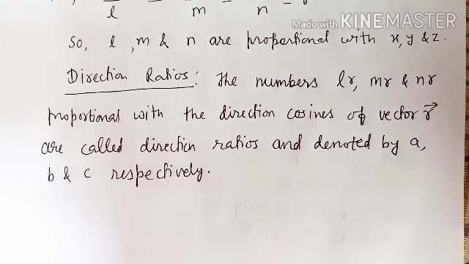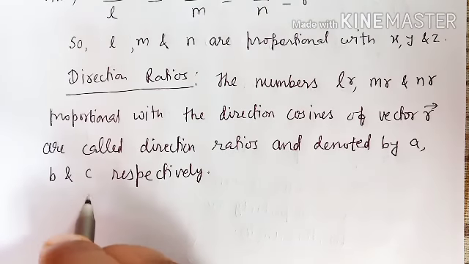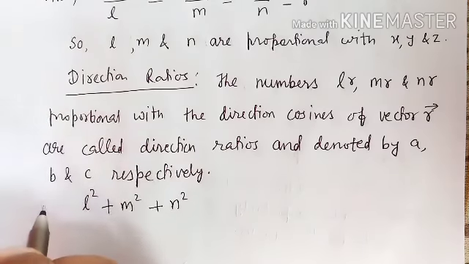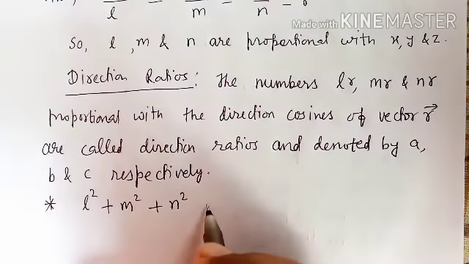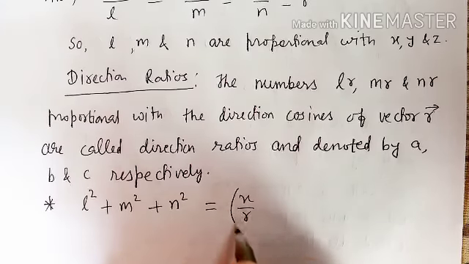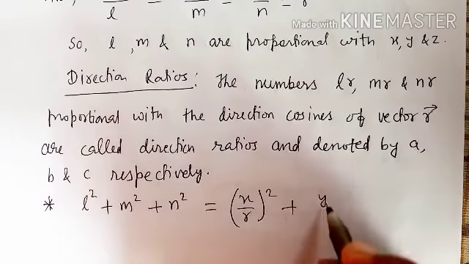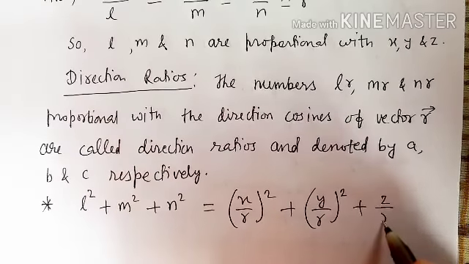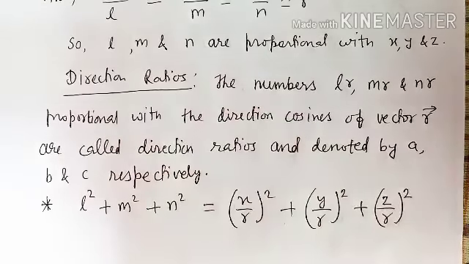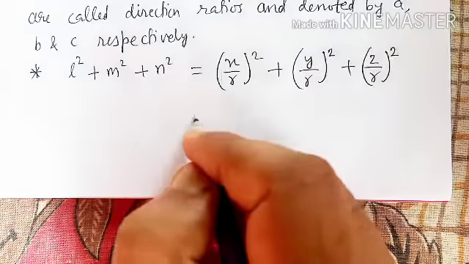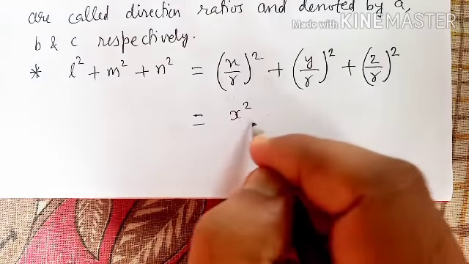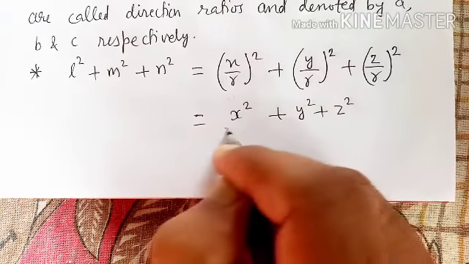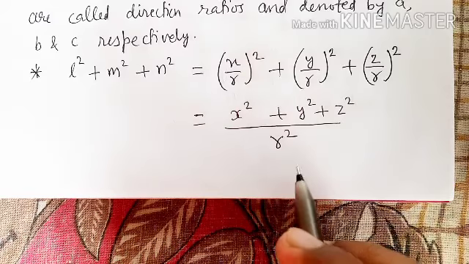Now L square plus M square plus N square. We have L is equal to x by R, M is equal to y by R and N is equal to z by R. This implies that x square plus y square plus z square by R square.